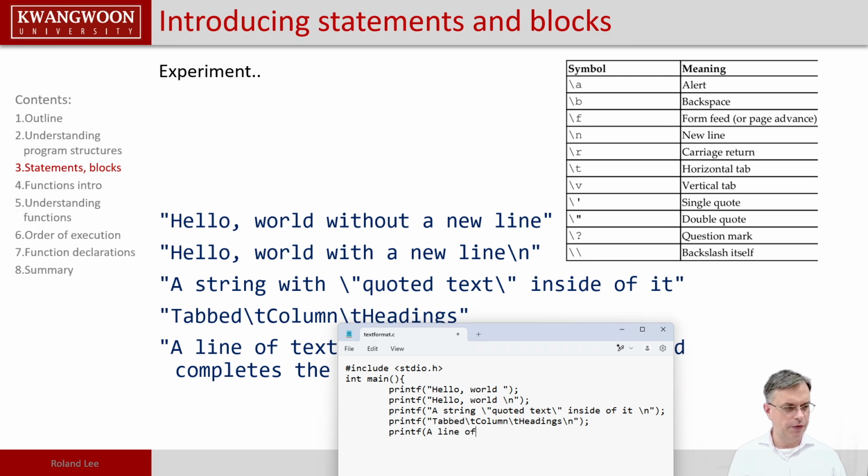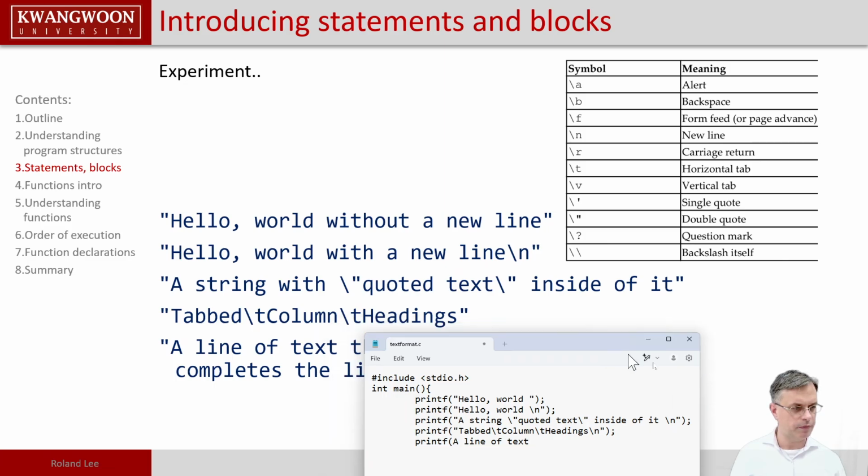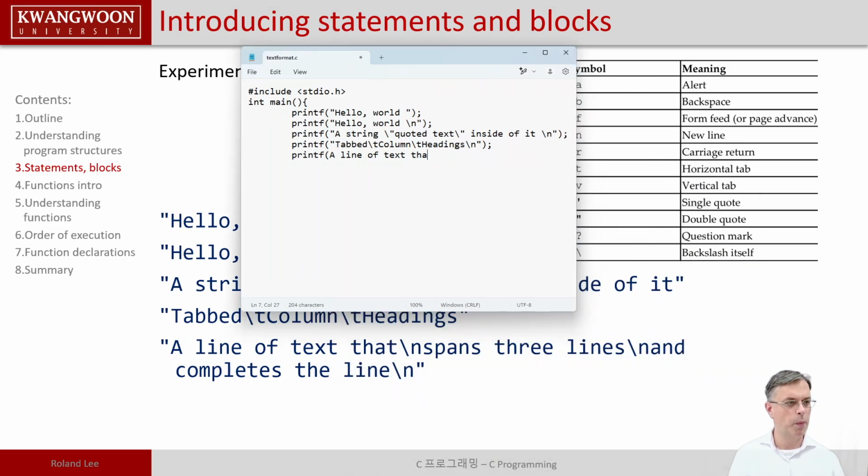A line of text that spans, so backslash n spans 3 lines, and backslash n and completes the line, backslash n again, begin and again, closing, and now I want to close it.